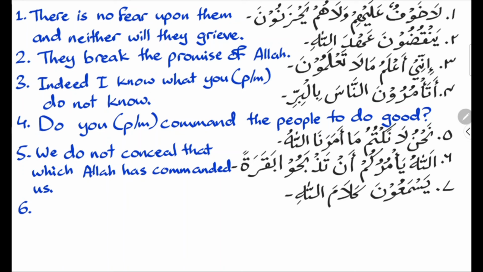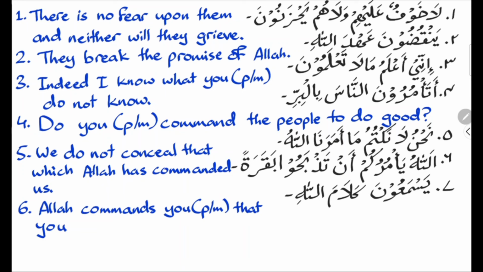Number 6. Allahu ya'murukum an tadhbahu baqaratan. Allah here is the fa'il. So Allah, or you could say the subject or the mubtada. Ya'muru, he commands. Kum, you, plural male. Allah commands you, plural masculine, an, that tadhbahu, that's actually supposed to be tadhbahuna.